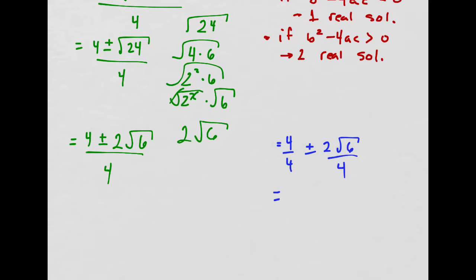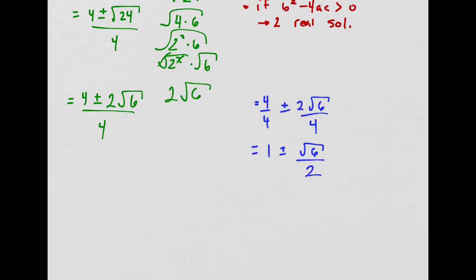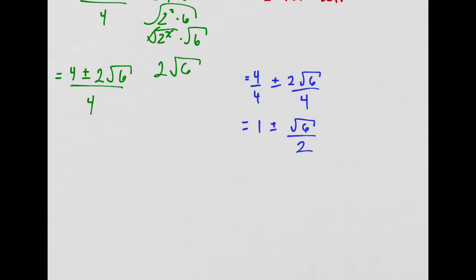So that means this is the same thing as 1 plus or minus the square root of 6 over 2. That's one way I could write it. Or I can get common denominators here, times 2 times 2. So this would be 2 plus or minus the square root of 6, all divided by 2.